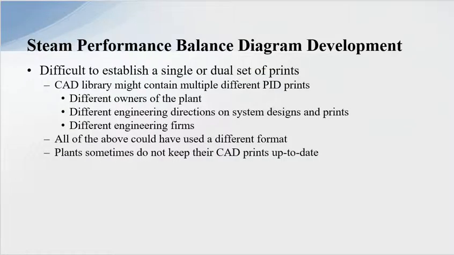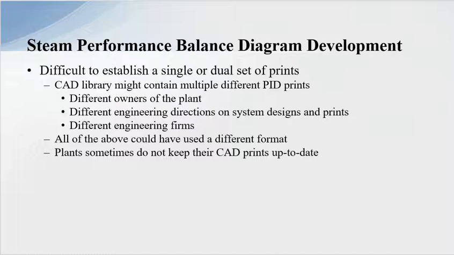One of the difficult challenges that we find when we're doing this, and we do this almost weekly, in the steam performance balance diagram development, is that we have to go through the CAD library, which is a multiple of different P&ID prints.